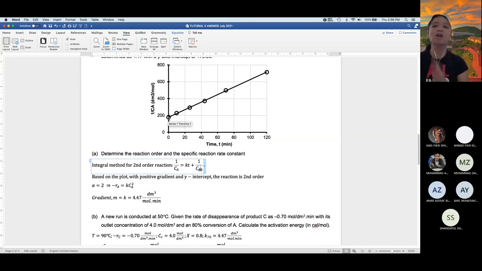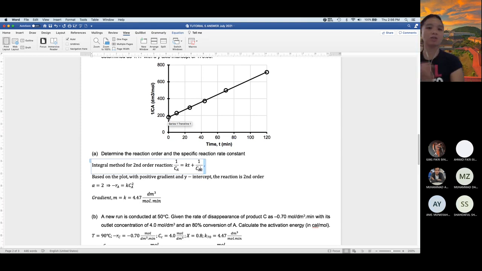So in this case, we can conclusively say that our reaction is second order with respect to A, hence alpha is 2. Sebab tu saya kata macam integral method ni, kamu tak akan dapat reaction order daripada plot. Kamu hanya akan tahu kita plot graph tu, kalau graph tu memenuhi keperluan equation tu, then kita boleh cakap, okay, dia zero order ke, first order ke, second order. So done on the second order reaction.